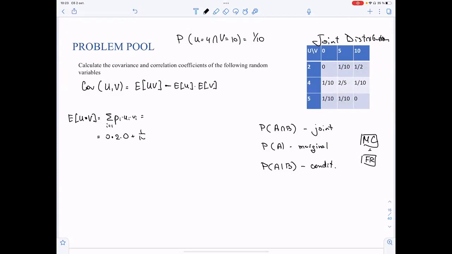With probability 1/10, u is 2, v is 5. With probability 1/2, u is 2, v is 10. With probability 1/10, u is 4 and v is 0. 2/5 is allocated to 4 times 5. 1/10 allocates to 4 times 10. Plus 1/10 allocates to 5 and 0, 1/10 to 5 and 5, and 0 to 5 and 10.